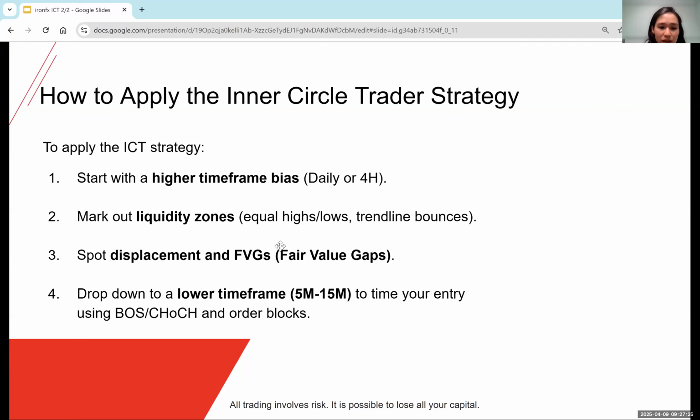And lastly, drop down to a lower time frame. We typically won't recommend anything below 5 minutes because it tends to get noisier and harder to analyze on those time frames, but you can look at 15-minute, 30-minute time frames. Also, we'll talk a bit about order blocks.